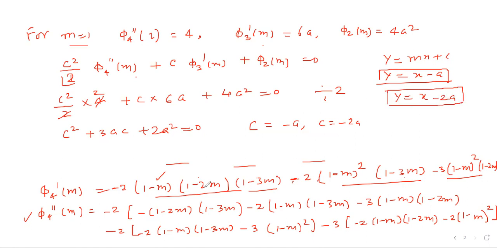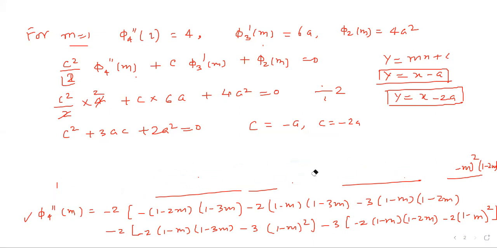Now, there are other two values. One is m equal to half and another is m equal to 1 by 3. So let's evaluate. We can clear everything.